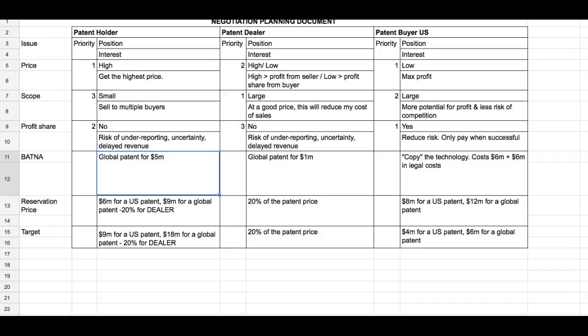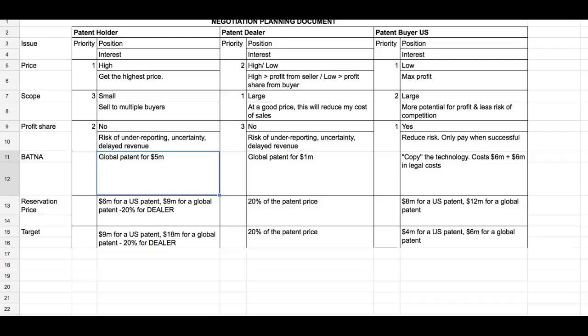So if this side can make, let's say, 100 million from my patent, and the production costs are, let's say, 80 million, then there's a 20 million profit that he can get from my patent. Now, I think that my patent is the reason why he can make this profit. Therefore, I want half of the potential profit for a buyer, and since we're talking about 10 million.